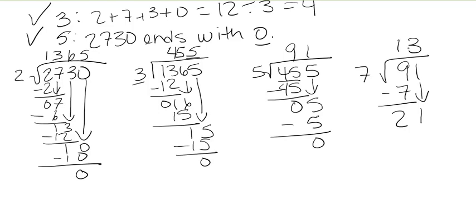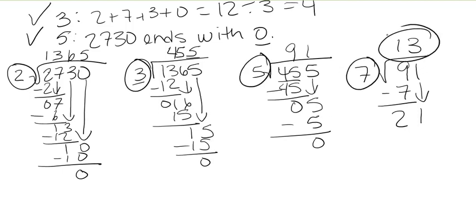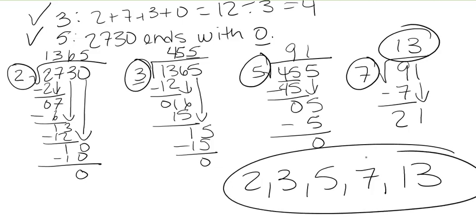And 13 is a prime number. So we would say the prime numbers for all of this are 2, 3, 5, 7, and 13. So we can also write this out: 2, 3, 5, 7, and 13. These are the prime numbers that can go into this number.